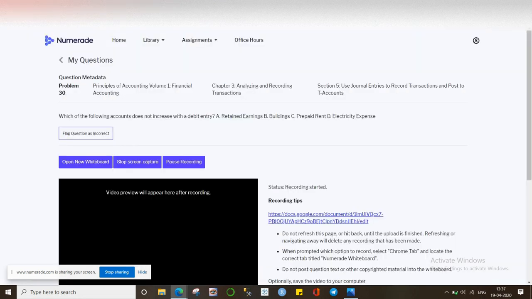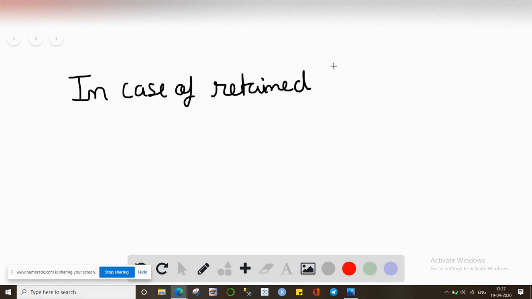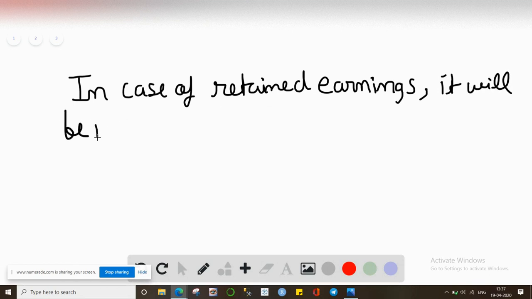Okay, so let's move to our main solution. Which of the following accounts does not increase with a debit entry? In case of retained earnings, it will be included in capital. Actually, let me tell you briefly what is part of retained earnings.